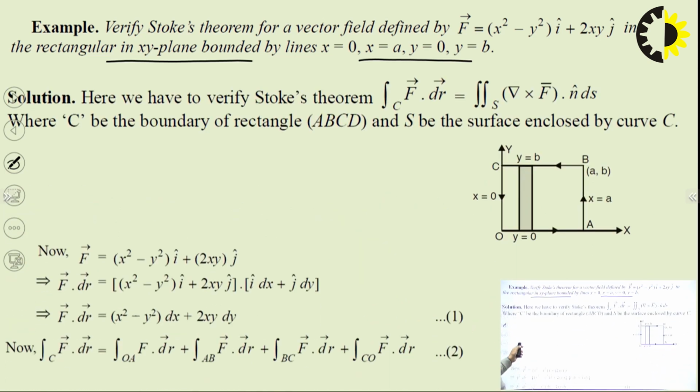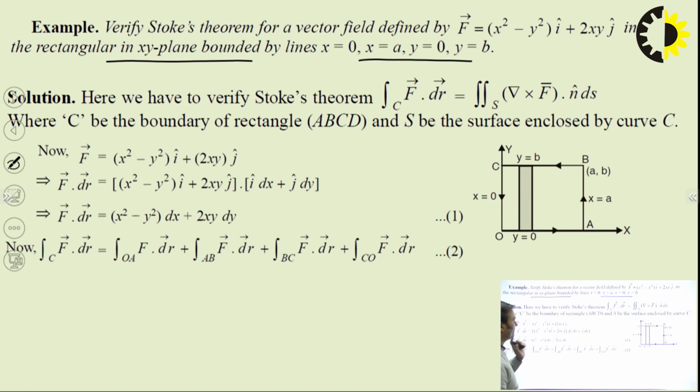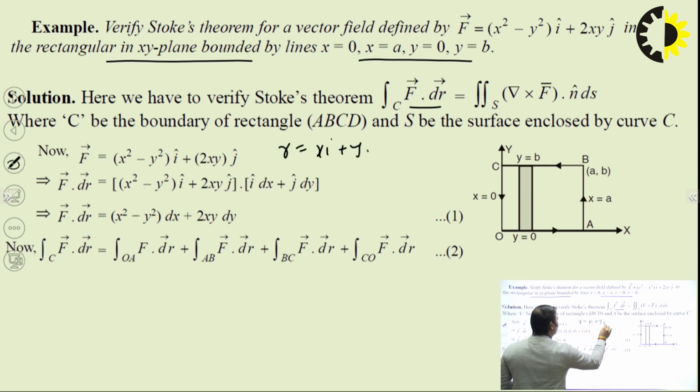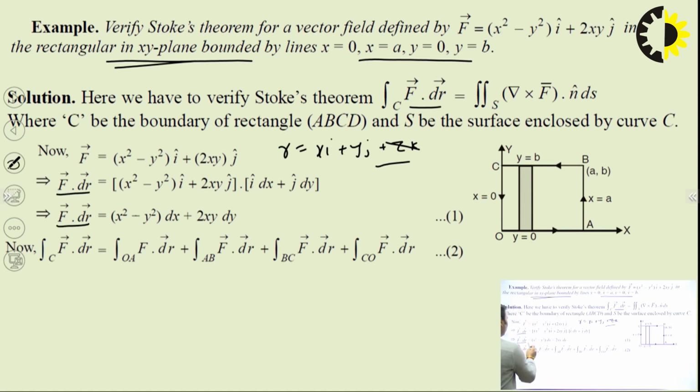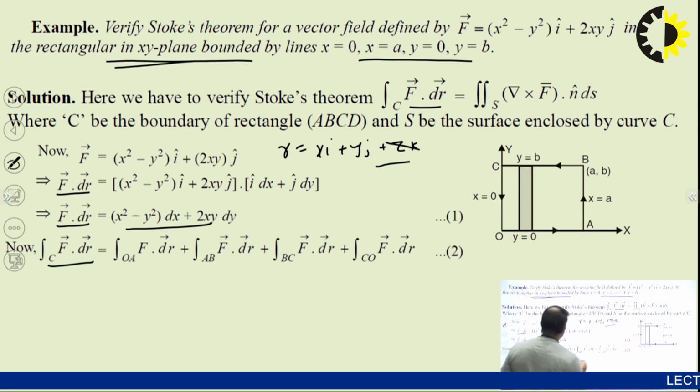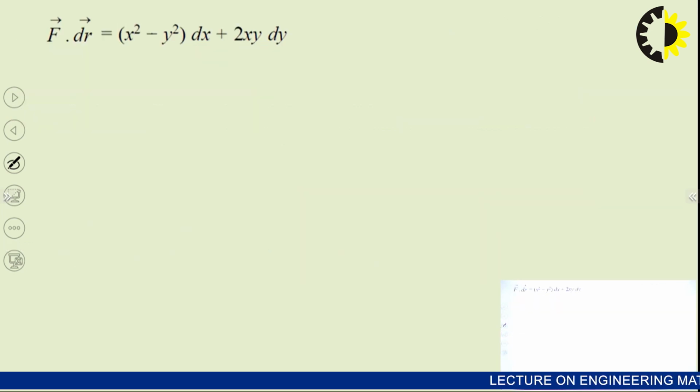First of all, we have to calculate the line integral, so I am looking for f dot dr. Here r is xi plus yj plus zk, and since it is a two-dimensional xy plane, we must avoid z. Simple. We can have f dot dr, and we must integrate over the curve. Here we will have four regions, OA, AB, BC, CO. You can have the answer for each phase.